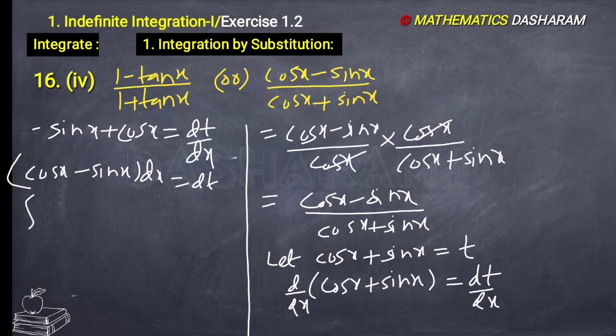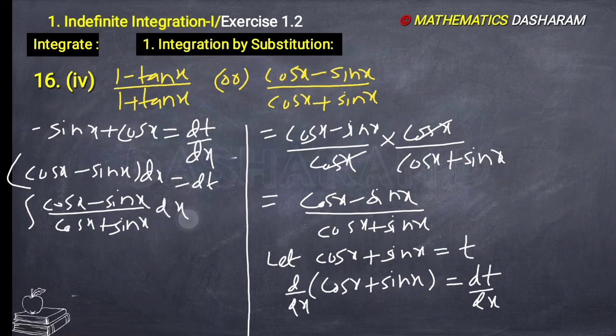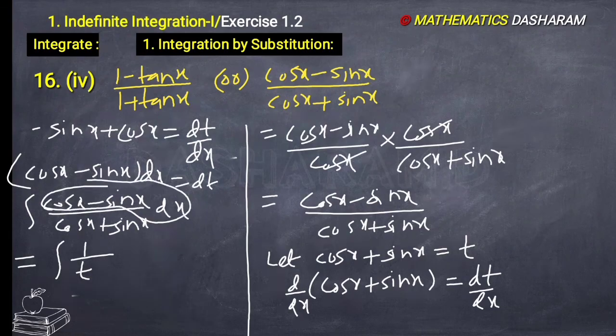So what is the question? Integration of cos x minus sin x all divided by cos x plus sin x dx. So it equals integration 1 by cos x plus sin x is 1 by t, and cos x minus sin x into dx is how much? Here dt.